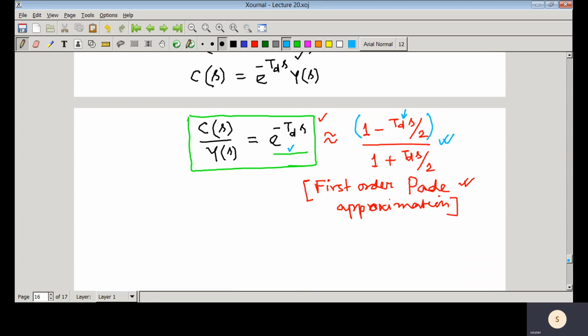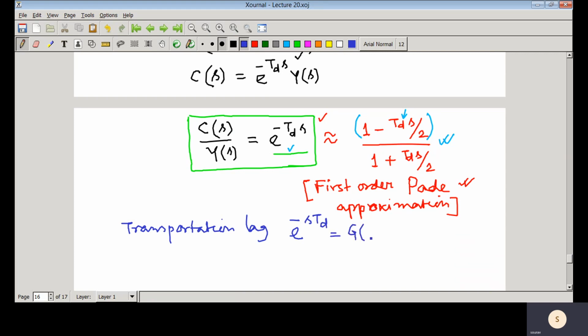So now we are interested to see what would be the Bode plot, that means the magnitude and phase plot for the transportation lag. So let us see the transportation lag. It is modeled as e to the power minus Td s.